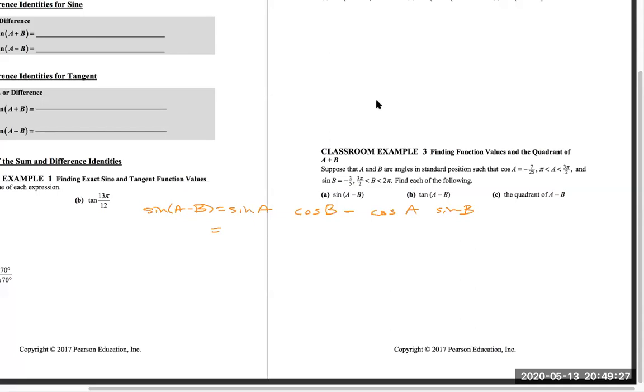Sine A, negative 24 over 25. Cosine of B was 4/5. Cosine of A, negative 7/25. And sine of B, negative 3/5.